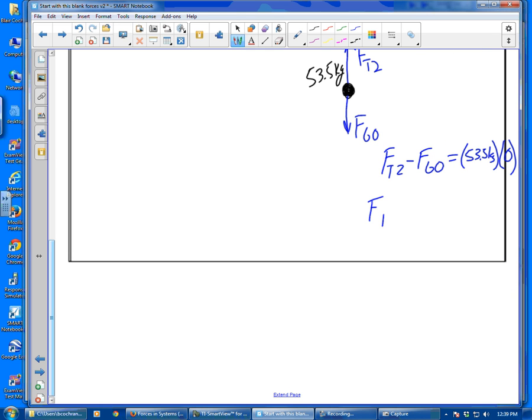So FT2 equals the weight of Orange Boy, 53.5 kilograms times 9.80 newtons per kilogram.